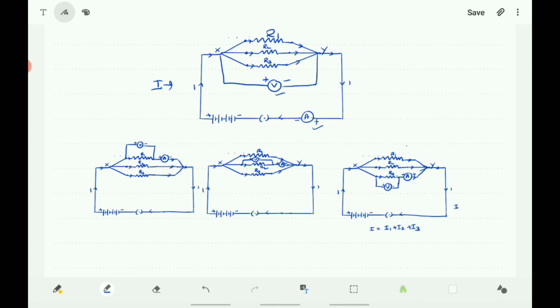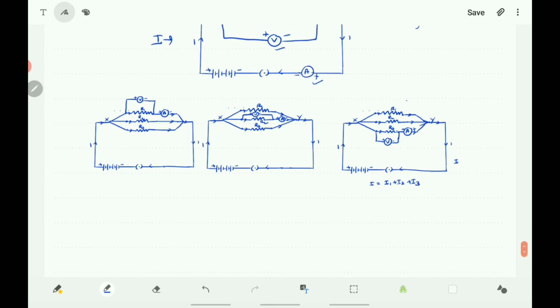In the first case, the connections are made as follows, and you got the current I and potential difference V. In the second case, the voltmeter is connected across the ends of the resistor R1, and the ammeter is connected in series with R1, and you note down the readings, that is I1 and V. I1 is the current through the circuit and V is the potential difference here.